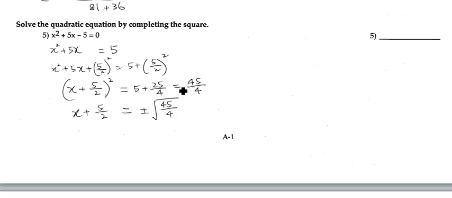We can simplify the right-hand side. Radical 4 would be 2. But what about the radical 45? We can make it become 9 times 5.